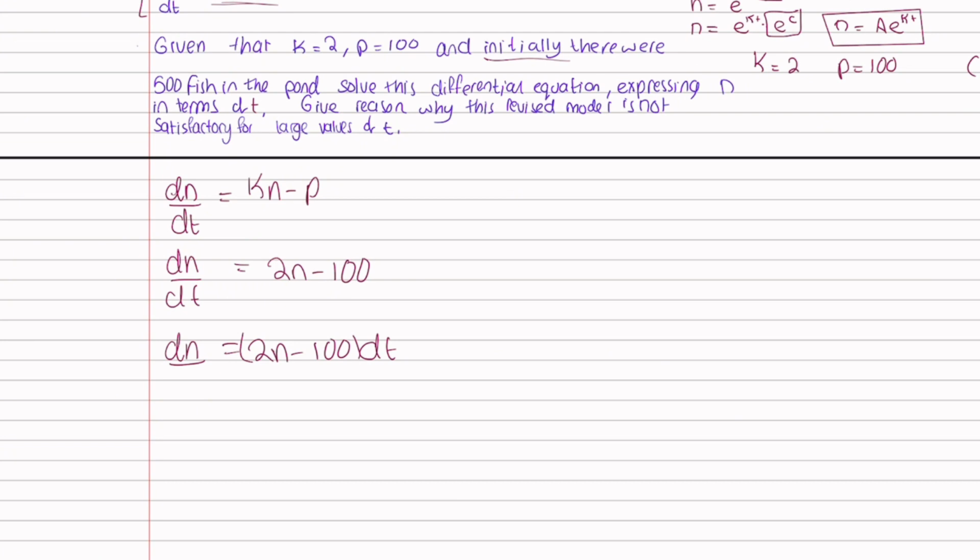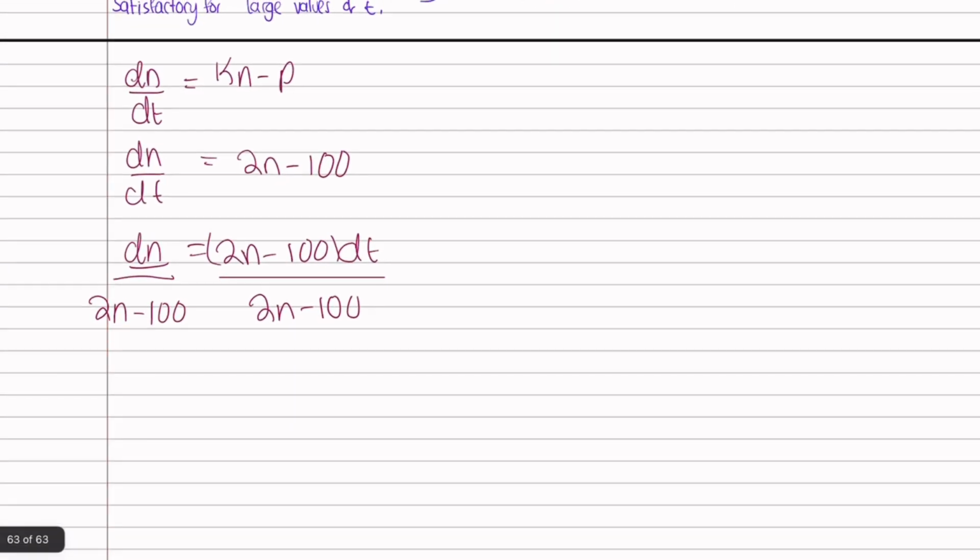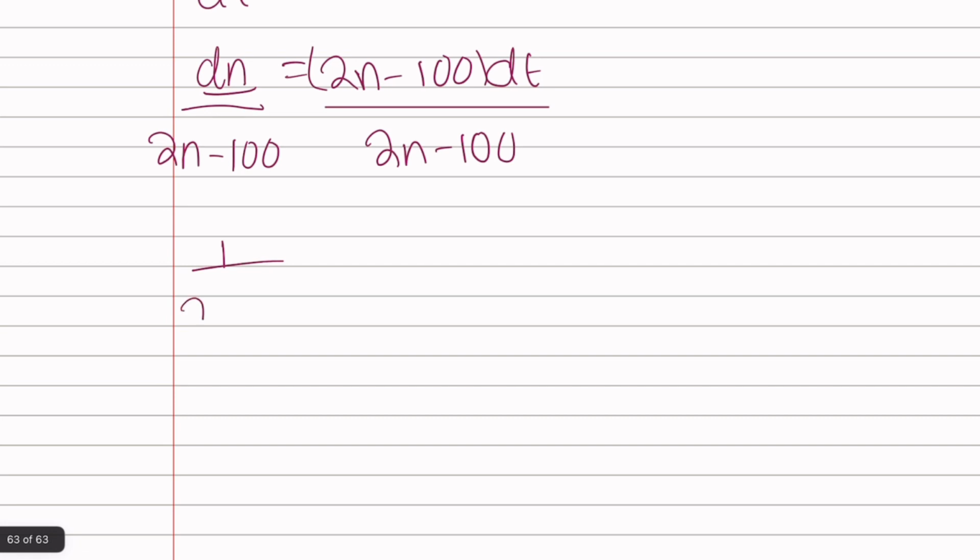We're just used to dividing by n. But now if we divide by n, we're going to get 100 over n, which is not useful. So I'm going to divide by the whole entire thing, giving me this fraction. Now I'm going to get 1 over 2n minus 100 dn being equal to 1 dt.